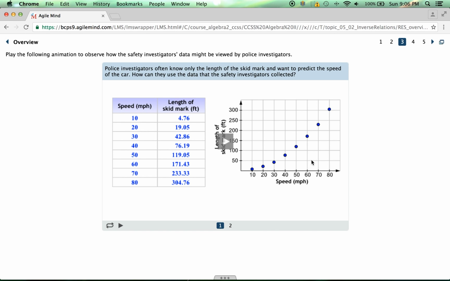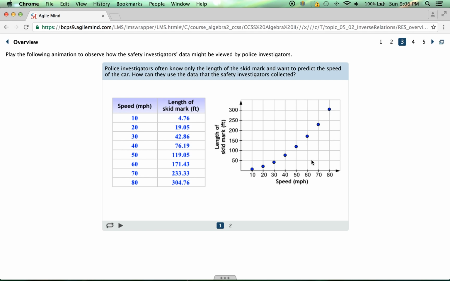So if a police officer is looking to figure out how fast a car was going when it hit the brakes, like during an accident investigation, they don't know what the speed of the car was, but they may have the length of the skid mark.